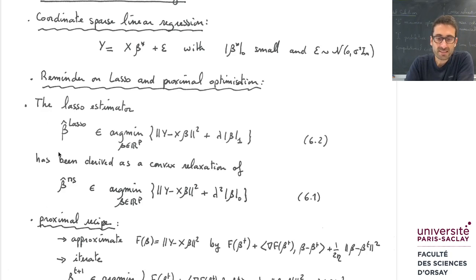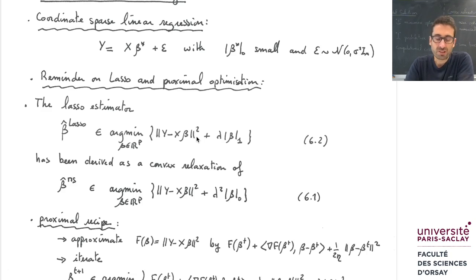So this is the lasso estimator, but as we have seen, this is something that we cannot directly compute in practice, in the sense that there is no closed form solution for this minimization problem. So we have to do this minimization numerically.